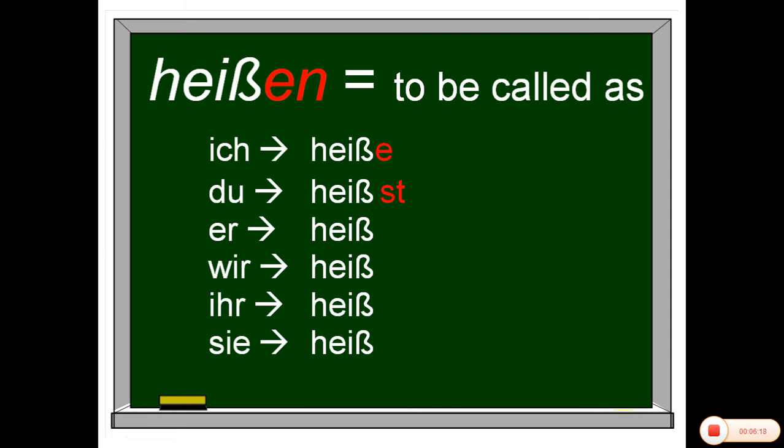So we do not need three s. That's why only t will be kept. So ich heiße, du heißt, sie heißt, wir heißen, ihr heißt, Sie and sie heißen. Okay? So whenever the root of the verb ends with esset, we are not going to add st to du, but only t.